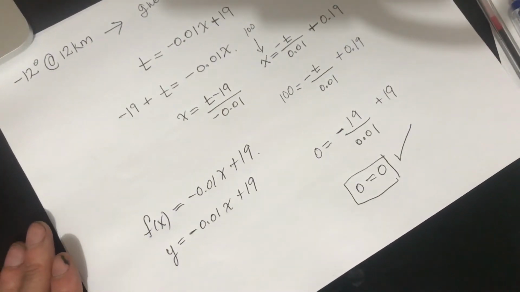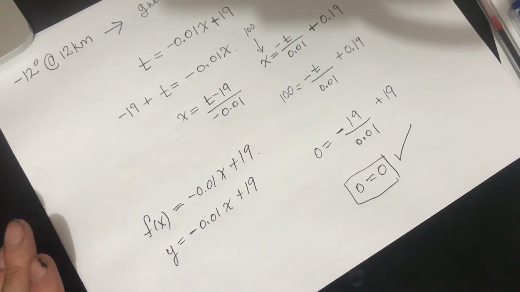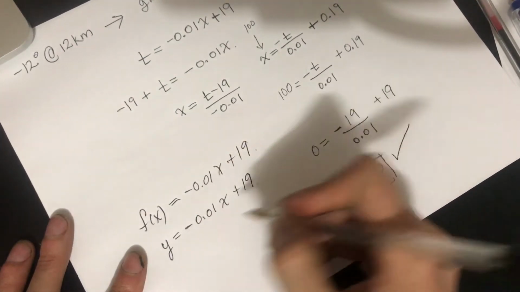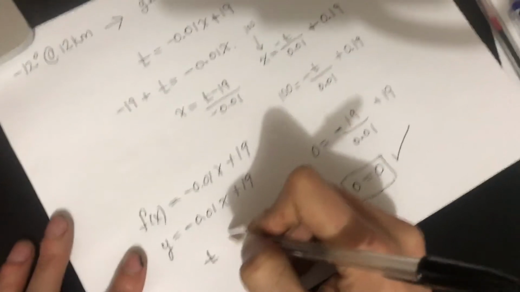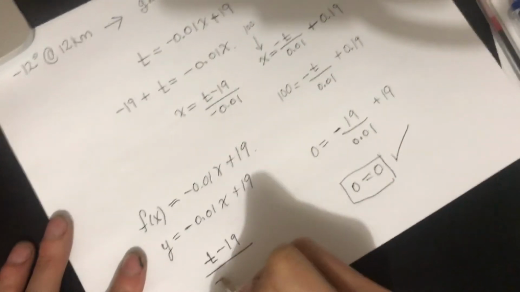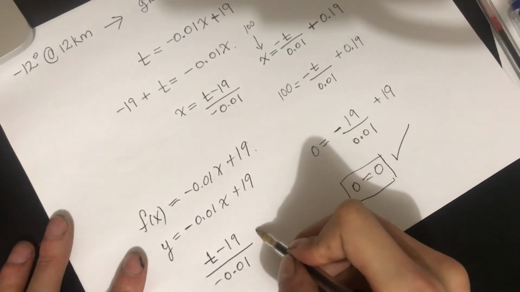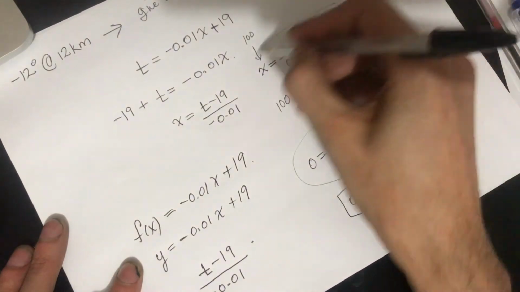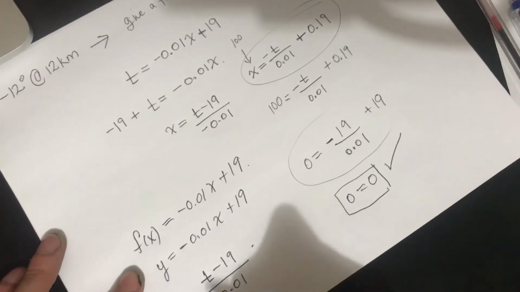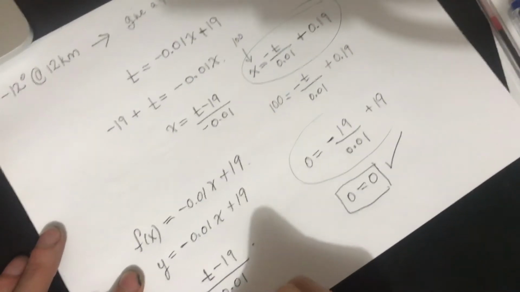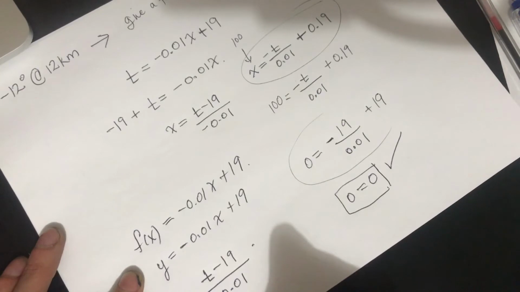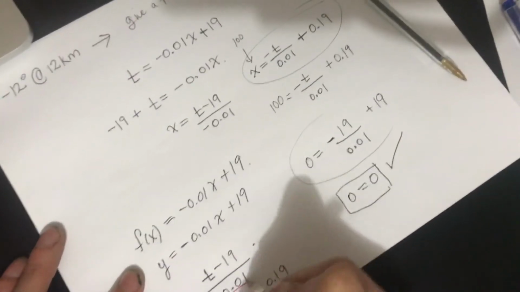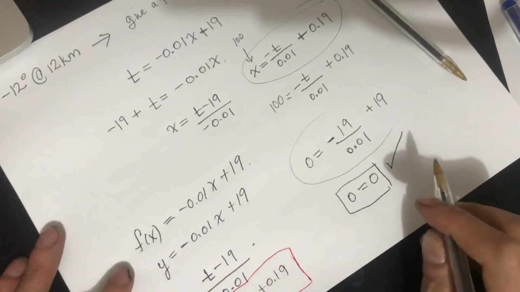And we also have the formula: your temperature T minus 19 over negative 0.01, which can be expressed as negative T over 0.01 plus 0.19.